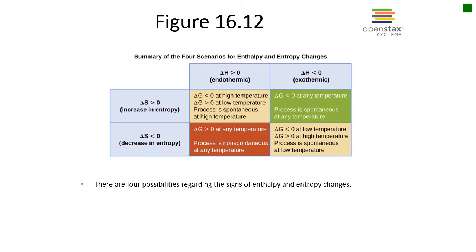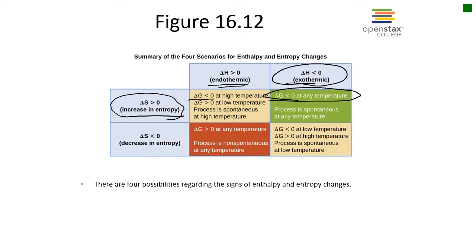So another way of looking at it: if the entropy is going up and it is producing heat, it is going to be always spontaneous. If the entropy is going up, but it requires heat, it is going to be spontaneous at high temperature.